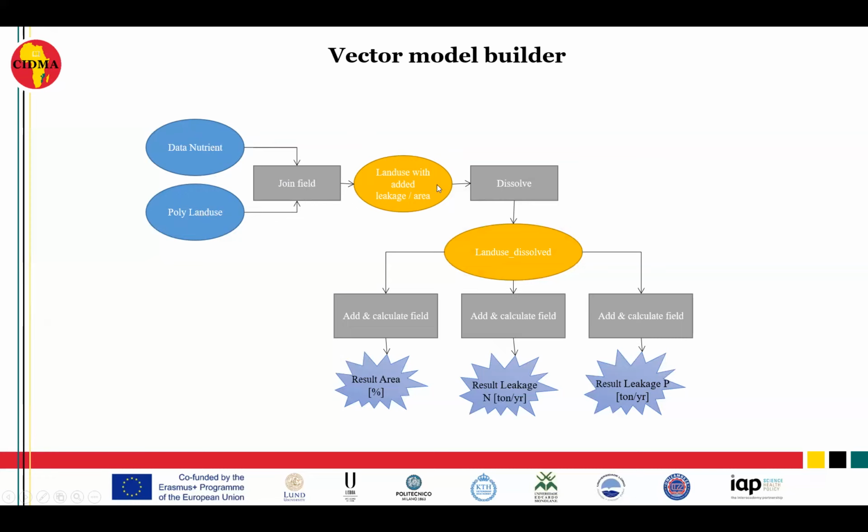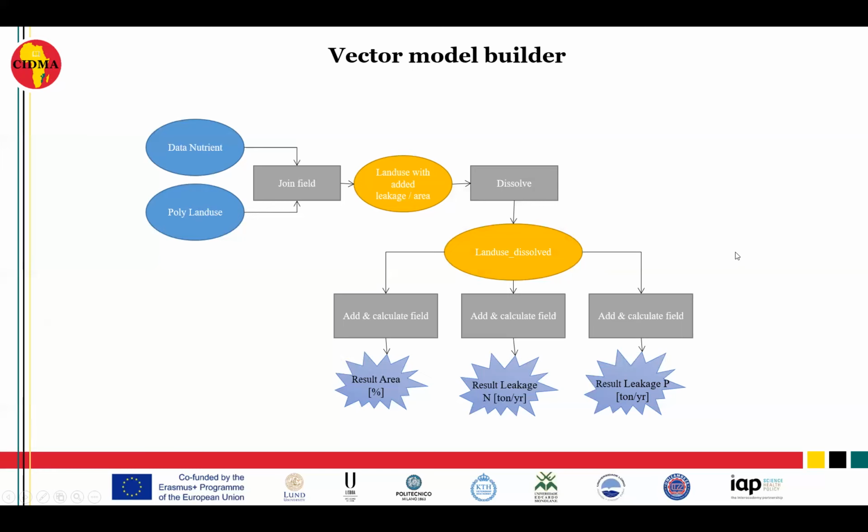Sorry, this one is the output from this one, of course. And then we do an operation here, and the output will be this one. And then what goes out, here we have the result of the different things I asked.